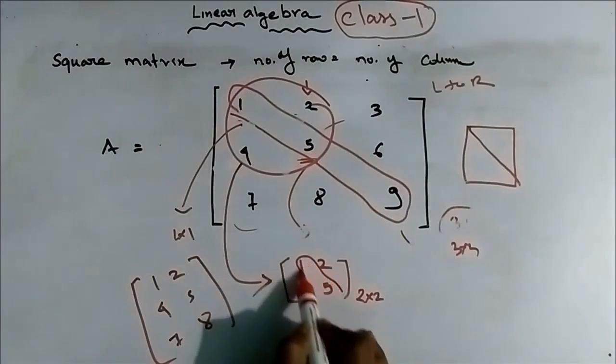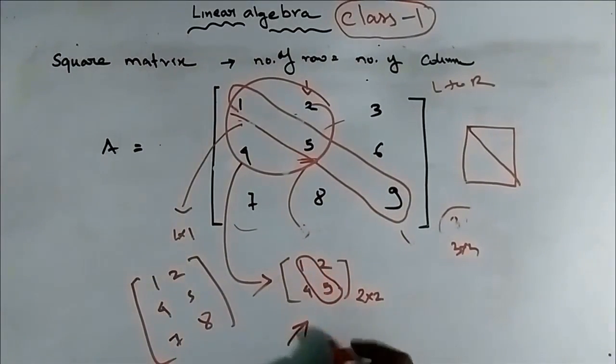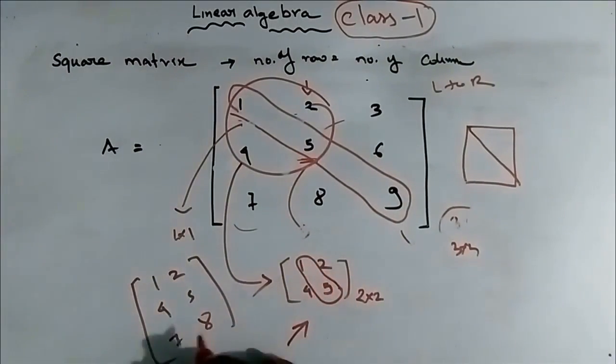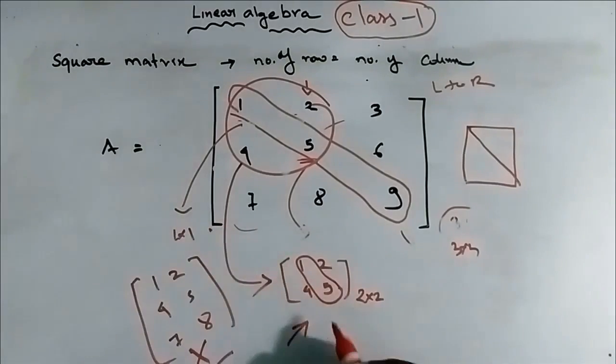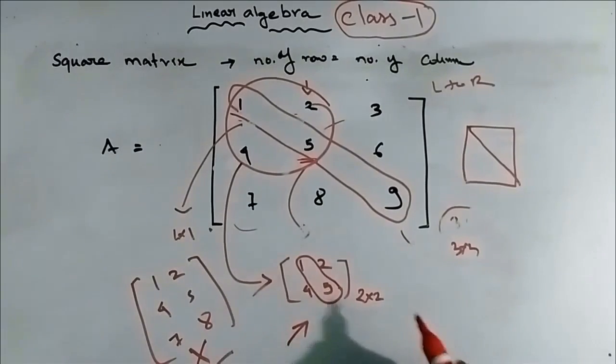If its diagonal elements are also diagonal elements of the main matrix, then it is a principal submatrix, whereas this is only a submatrix. This is the concept of principal diagonal or diagonal element and principal submatrix.